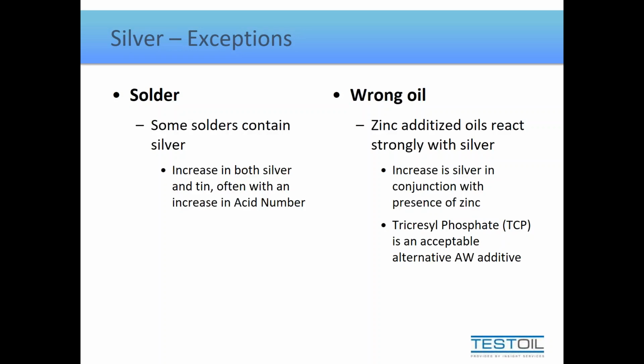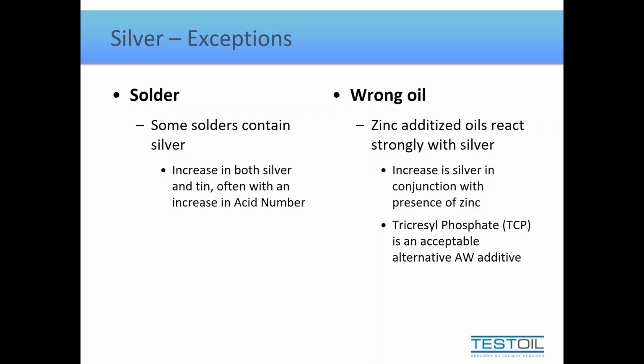The downside to using silver parts, though, is that they have a bad synergy that occurs with zinc additized oils. So as much as the reactive sulfur from EP additives didn't like copper, zinc really doesn't like silver. It will react strongly with silver parts.